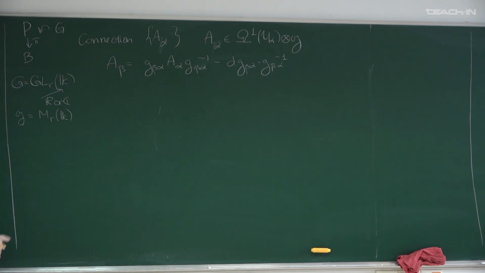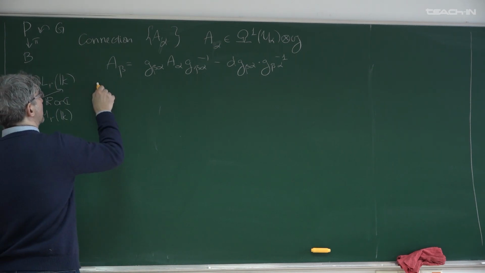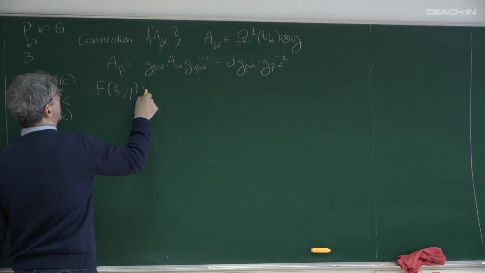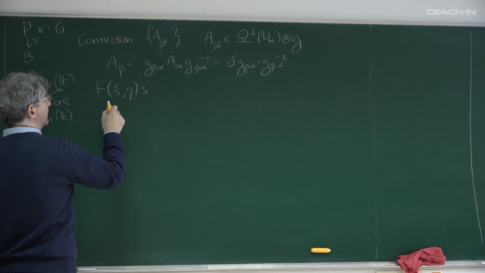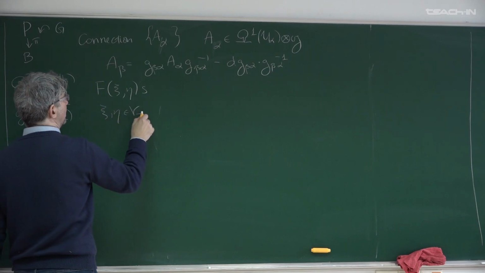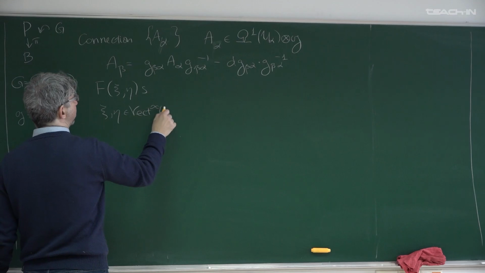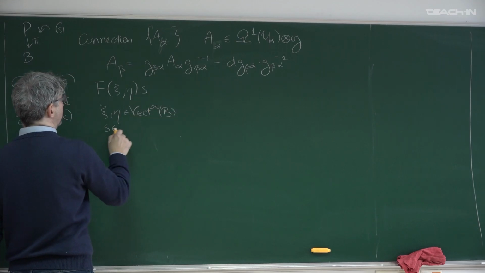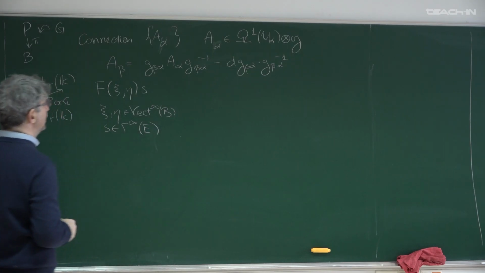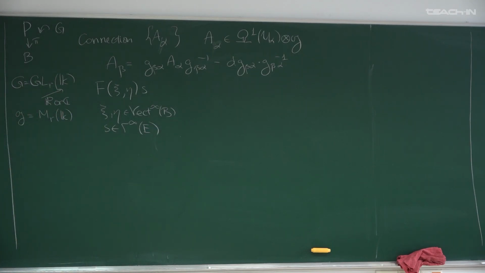So, what is a curvature? Curvature. We apply for two vector fields on the base and the section of our vector bundle E. So let me remind you that we spoke about principal bundles and vector bundles.